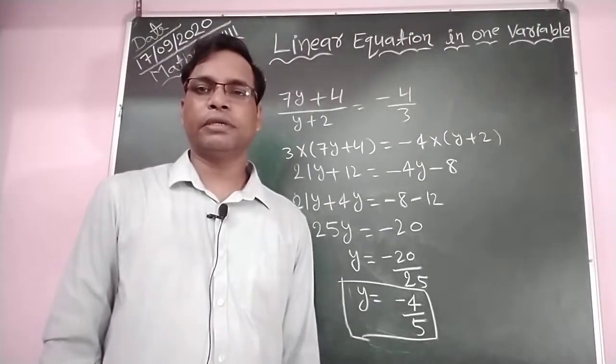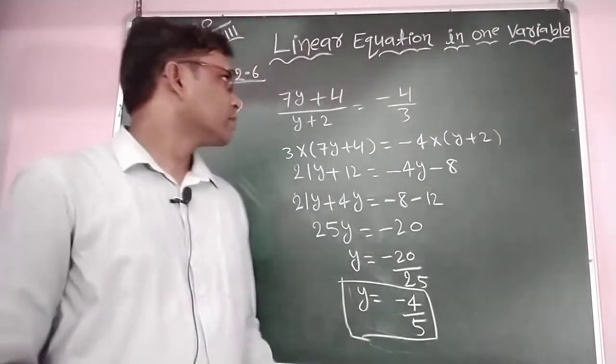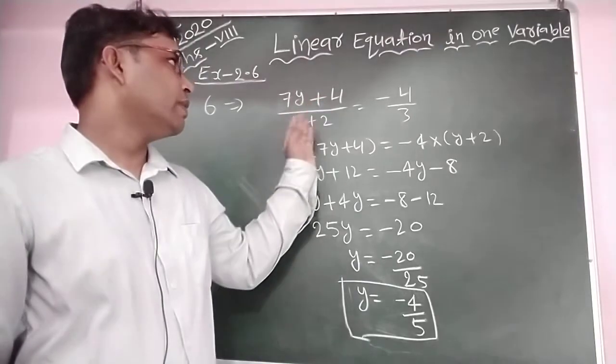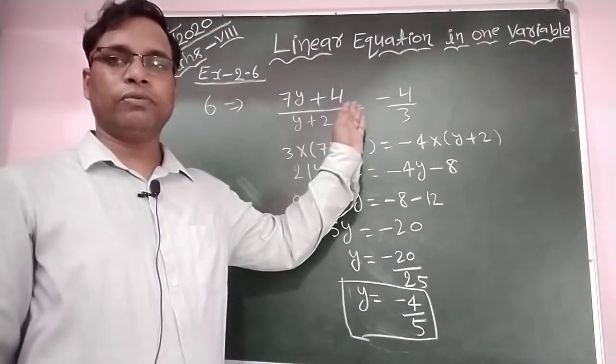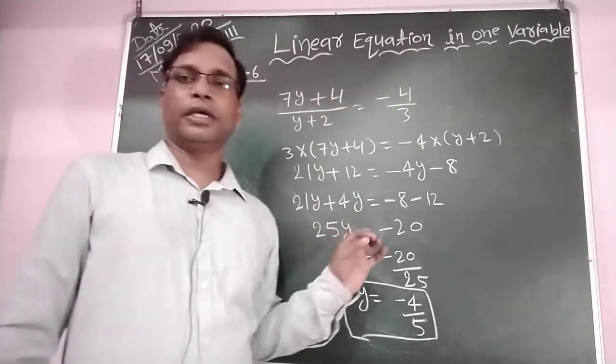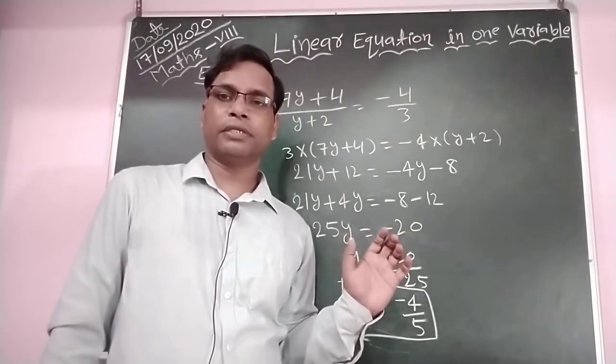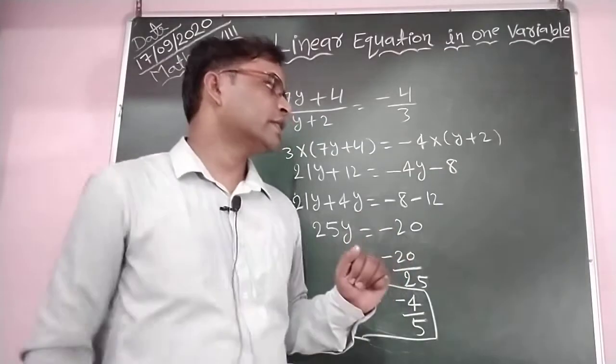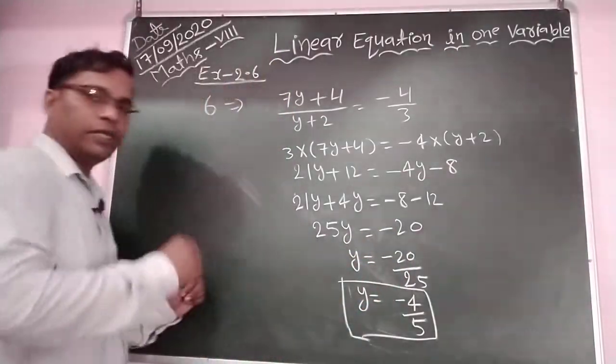In this question, it is given that 7y plus 4 upon y plus 2 is equal to minus 4 upon 3. So here you use the cross multiplication method. What is the cross multiplication method? You know very well.